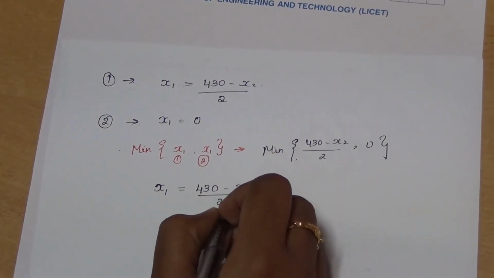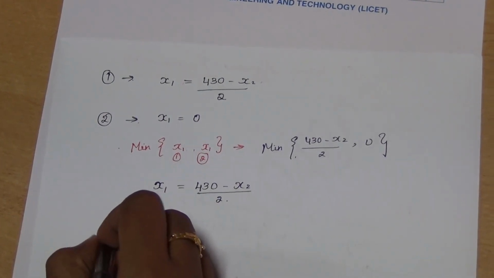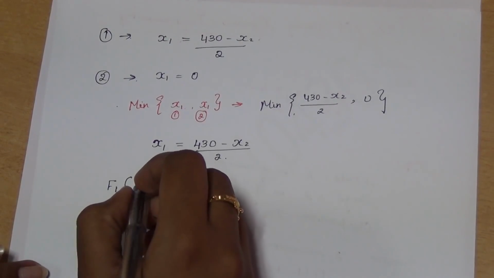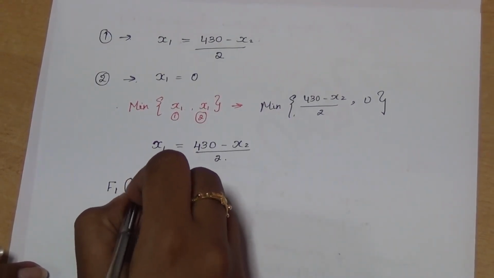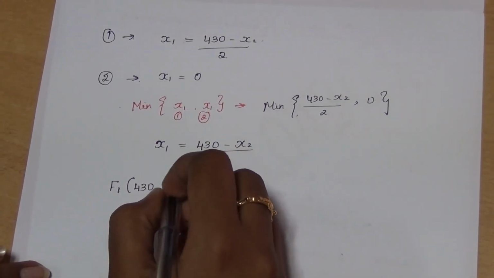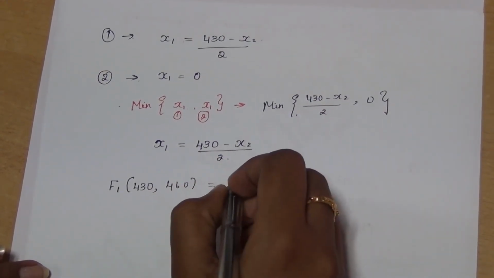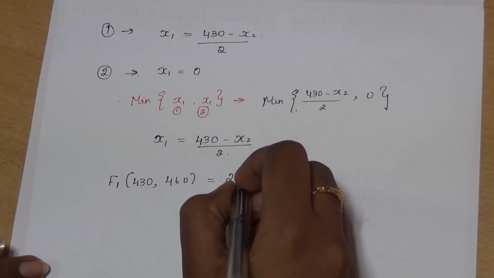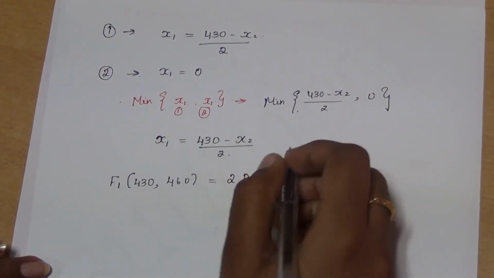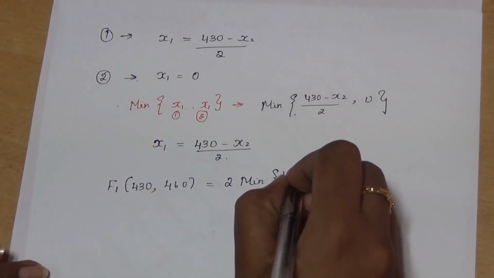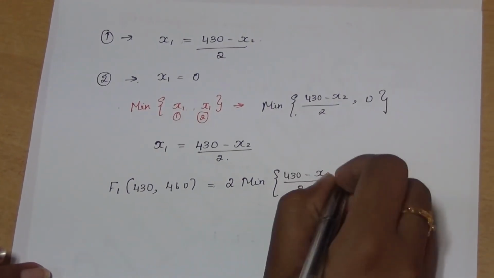Since 0 can be ignored, the value will be x1 equals 430 minus x2 by 2. Now we substitute this x1 value in the function. So f1 of b1, where b1 is the right hand side of constraint number 1, 430, and b2 is the right hand side of constraint number 2, 460, is equal to 2 times the minimum x1 value, so the minimum of 430 minus x2 by 2.